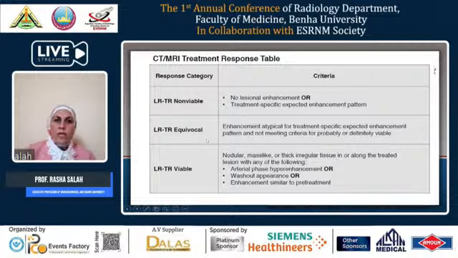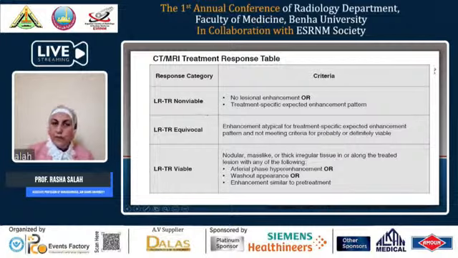Either the RECIST or the EASL, they have some fallacies in diagnosing the patient response. So this is a very easy way to assess the treatment response in every routine day practice, and it depends on the enhancement criteria present after the locoregional treatment for HCC.